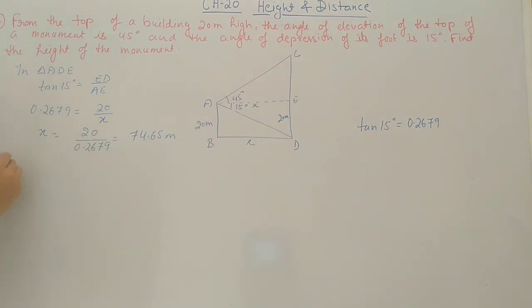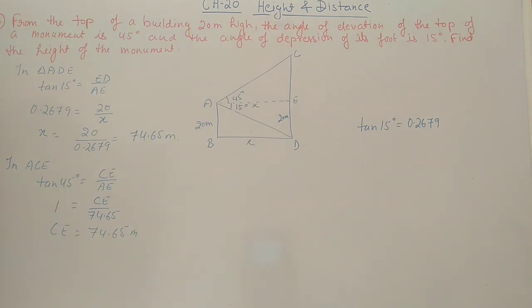After this, now another triangle. In triangle ACE, tan 45 is equal to CE by AE. Tan 45 value is 1. CE we don't know, we have to calculate. AE we have calculated 74.65. So CE is 74.65 meter.